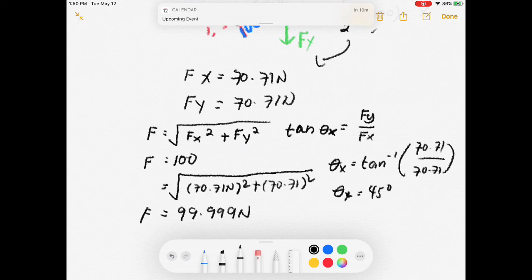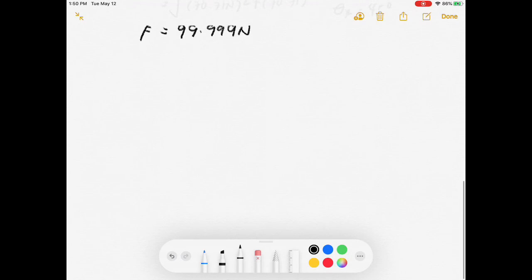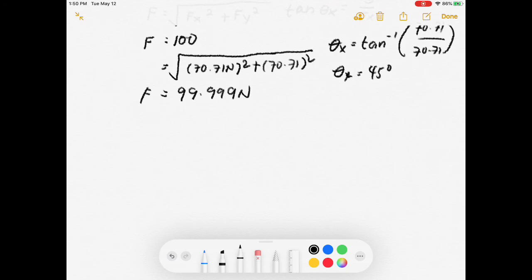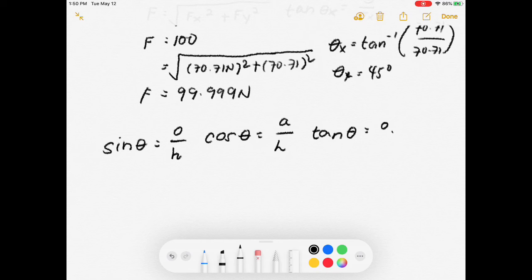So our answer is correct. Always remember SOHCAHTOA: sine theta is opposite over hypotenuse, cosine is adjacent over hypotenuse, and tangent is opposite over adjacent.